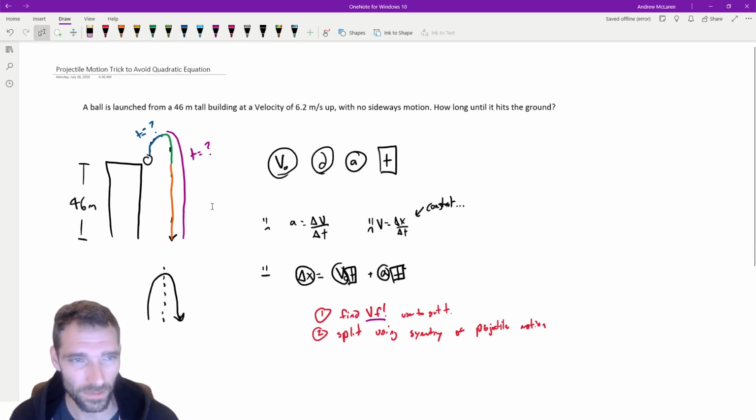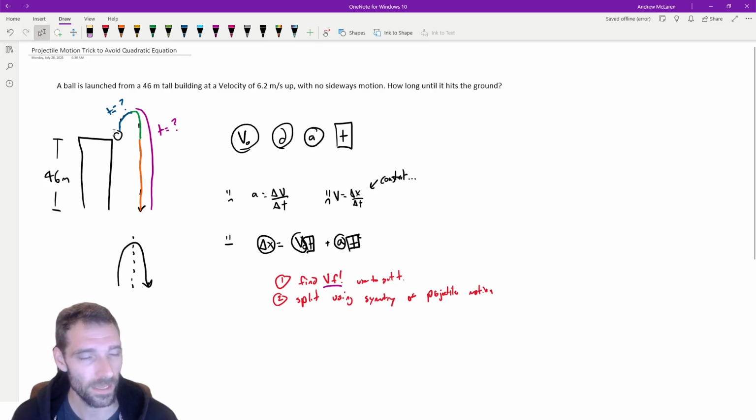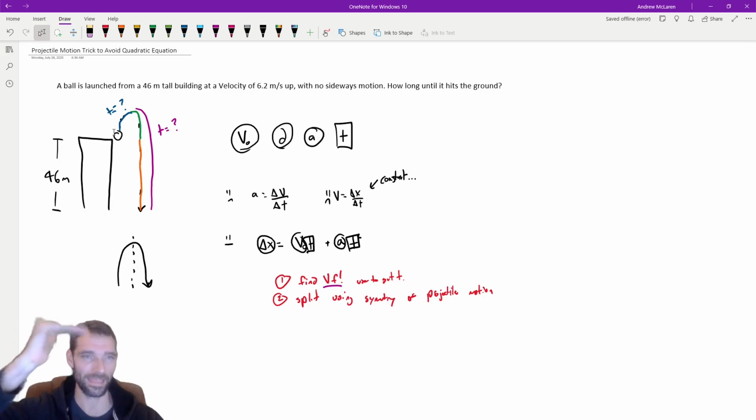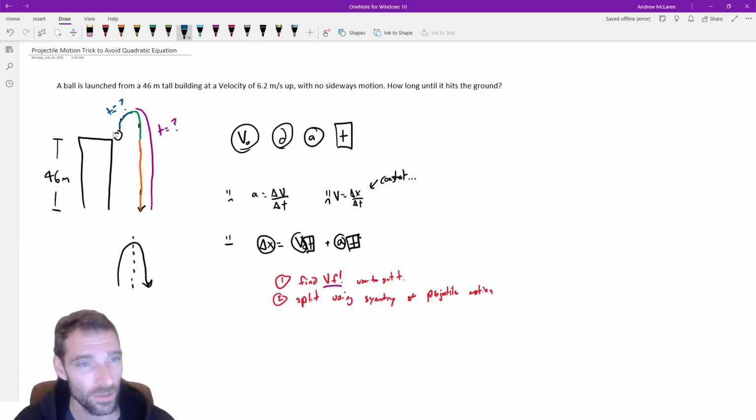So if we want to do this first section, we're going up to some sort of height, but at that height, the velocity is zero. It's v final for this blue section, or the velocity right at the top is zero, because the moment before is positive and the moment after is negative. Right in between, we've got zero.